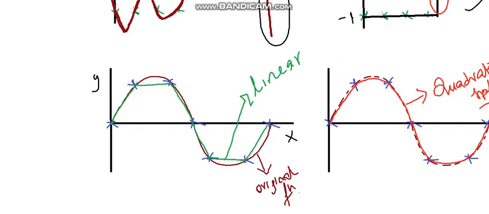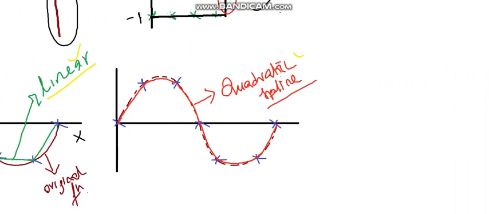From here we can see that the linear interpolation technique has some non-fitting behavior in this region, and you can also see a very different kind of slope. At this point we cannot have any derivative, so we have a discontinuous slope in this region. These are the limitations of the linear interpolation technique. We cannot see any such thing when using the quadratic spline interpolation, and if you use cubic spline interpolation, it will be much more accurate.